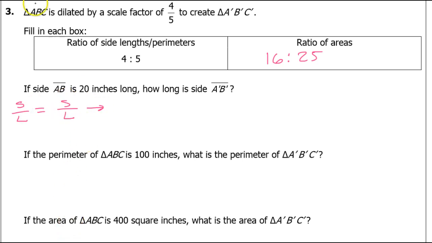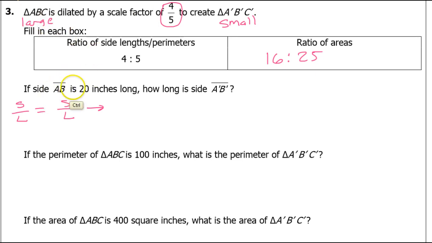We just have to be careful to identify which triangle is small and which triangle is large. So look at the scale factor. See how this scale factor is less than 1? That tells us that this shape is shrinking. So the new triangle is going to be the smaller one. And the original triangle is going to be relatively large.